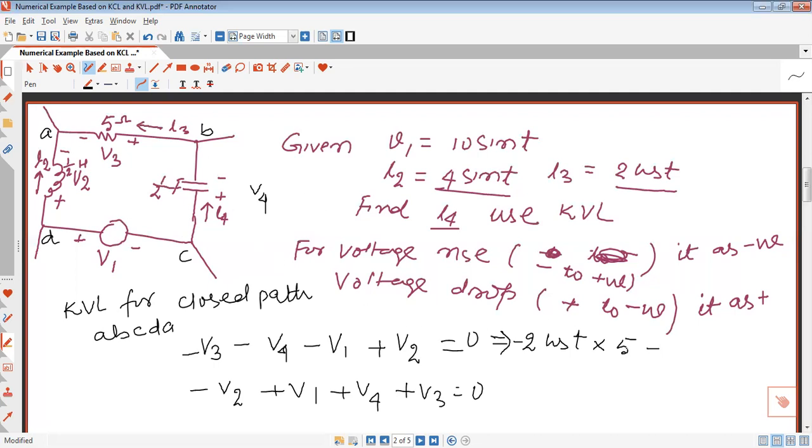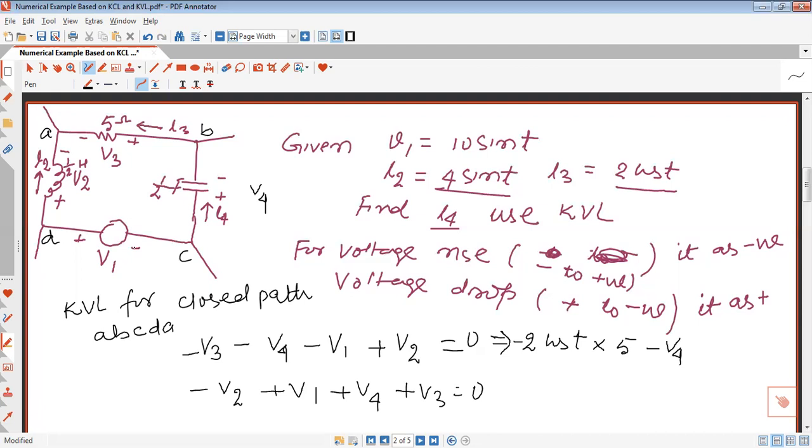Now we have to write the value of V4, so I keep V4 as it is.